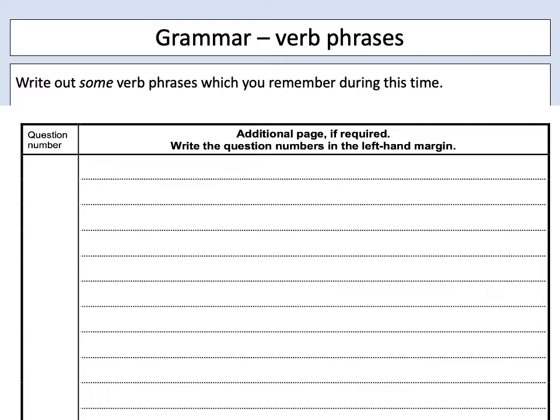Next thing are the verb phrases. Now, what I'm going to say here is you don't necessarily need to write everything down. What you do need to write down are the things that you know you may get wrong or the things that you would find most difficult. I'm going to tell everyone the first verb phrase that you write down in this exam is je suis allé, for I went, so we're going to have that.